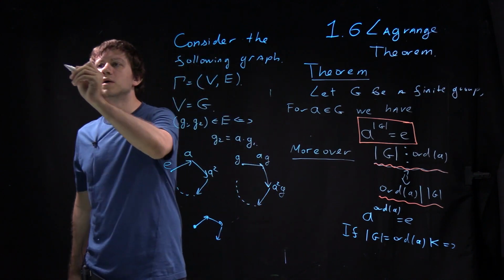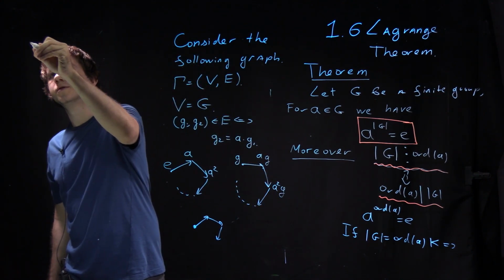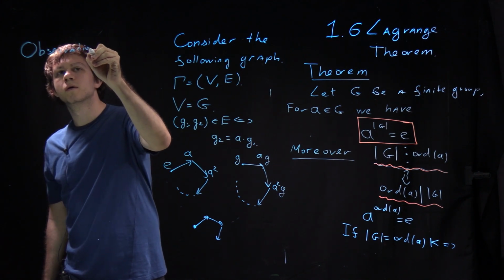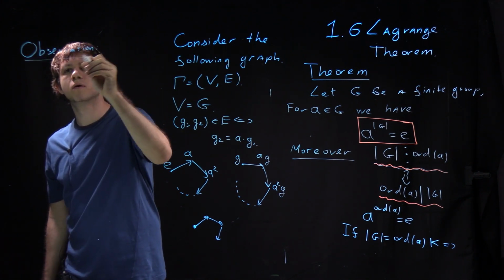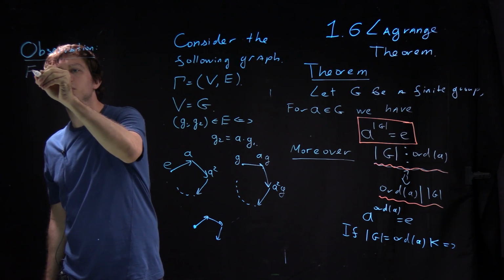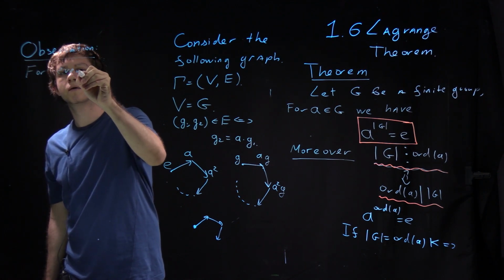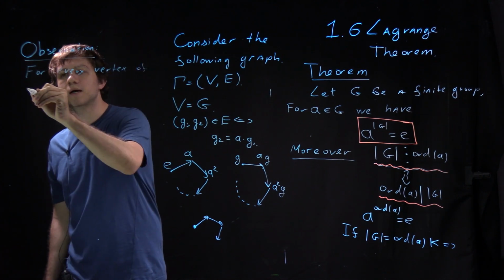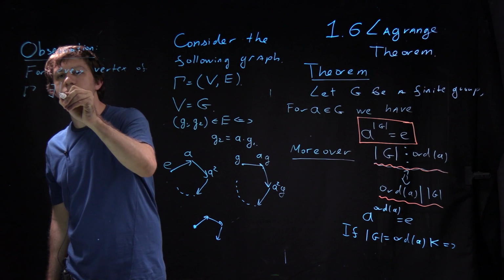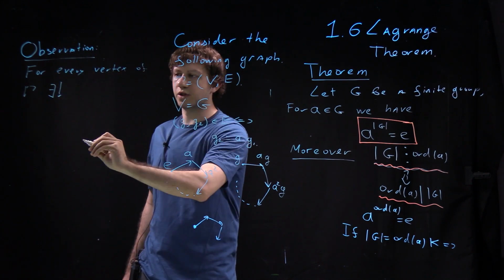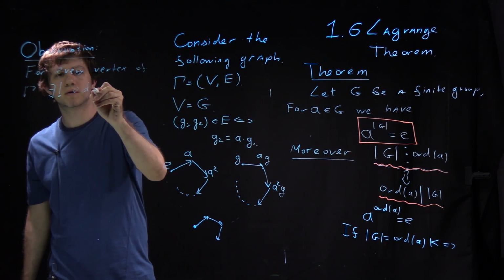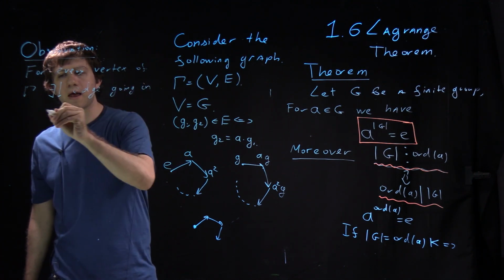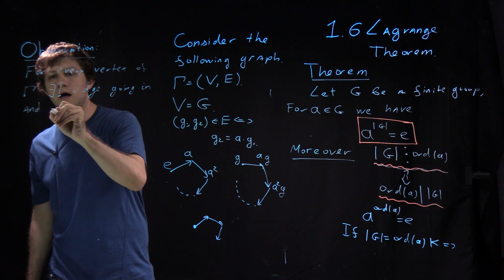Okay, so observation number 1. For every vertex of gamma, there exists a unique edge going in and out.